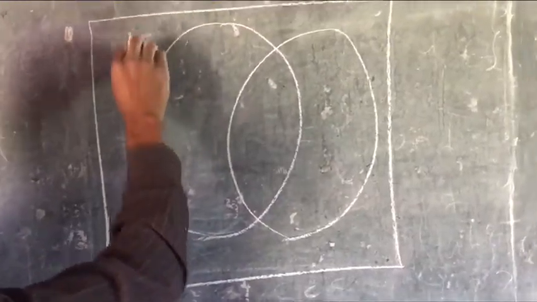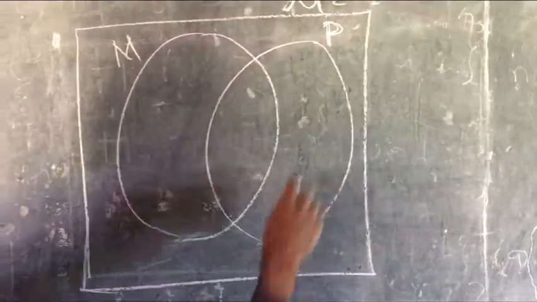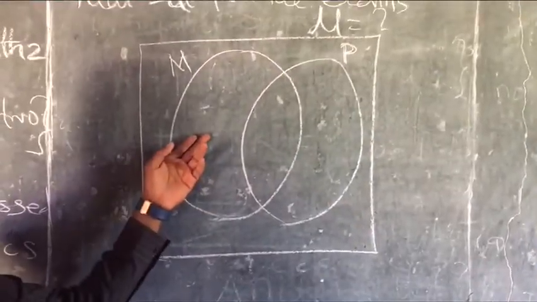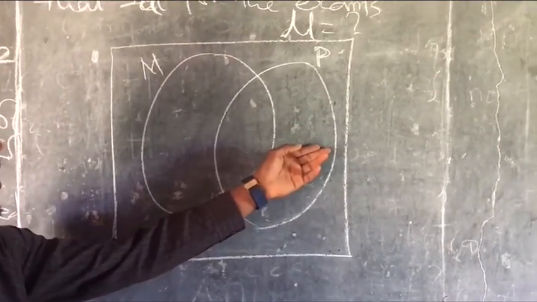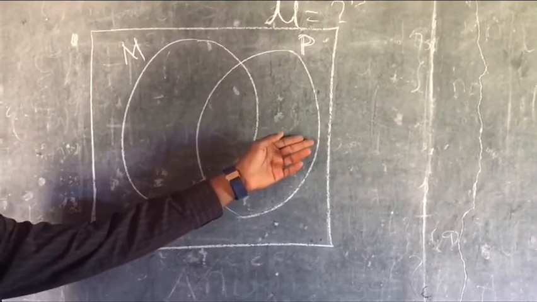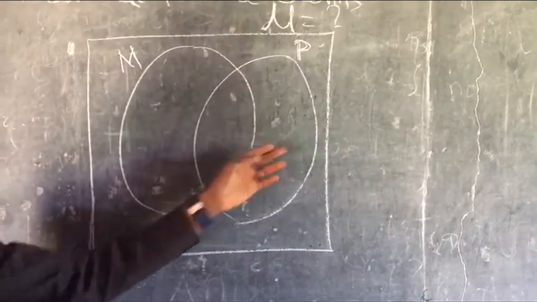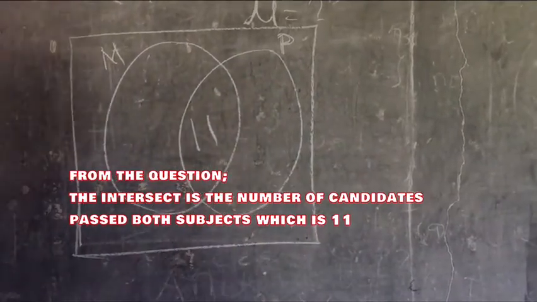Now, I get Maths, I get Physics, abi? So the first set na number of students wey pass Maths. The second subset na number of students wey pass Physics. But I know say e get people wey pass Maths, pass Physics too. So the number na 11, as we don see for here, abi?